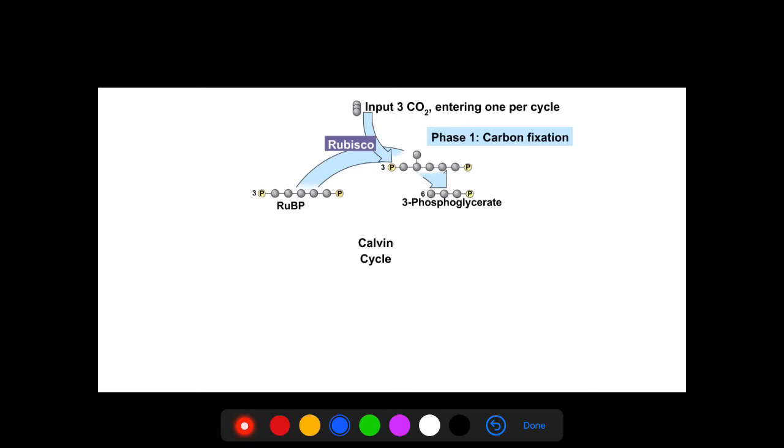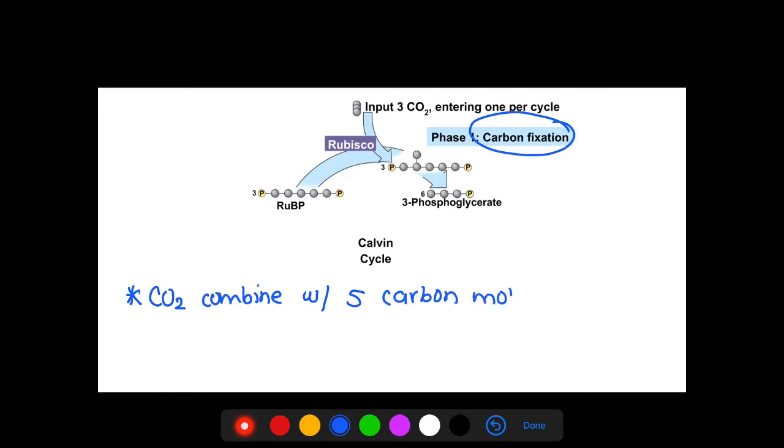We are going to talk about those phases in the next slide. So this is the carbon fixation phase. In the carbon fixation phase, which is phase 1, CO2 is going to combine with a 5 carbon molecule called RuBP.